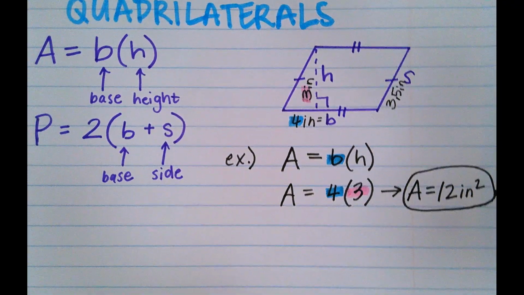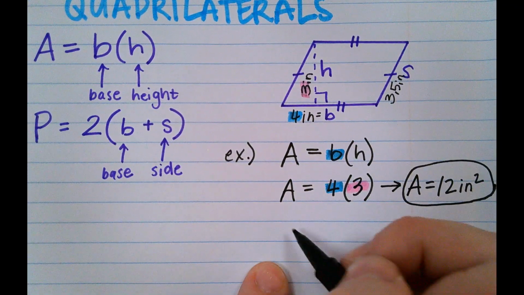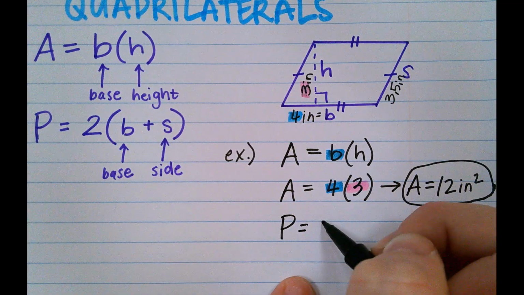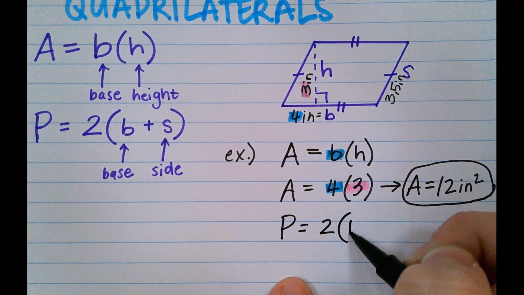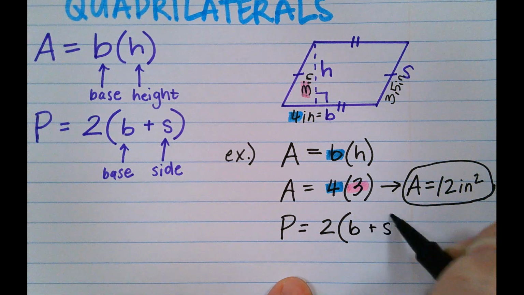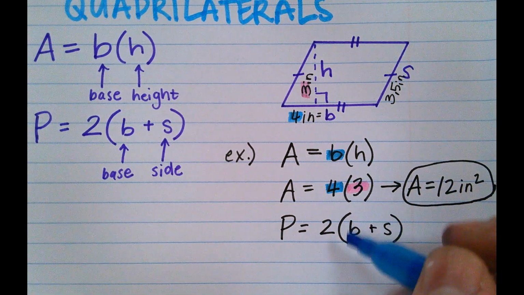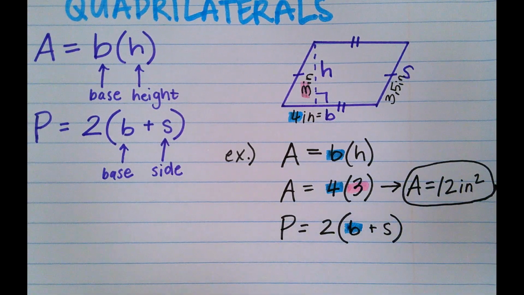So now if I want to find perimeter, we'll use the other formula. Perimeter equals 2 times the base plus the side. I'll use the same blue for base. Now what mixes people up is our side length is not the same as our height.